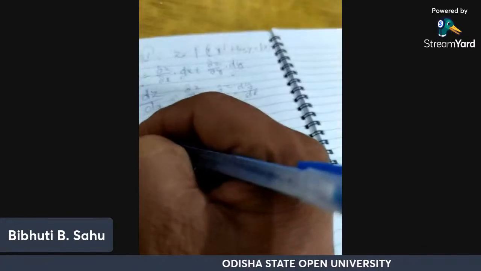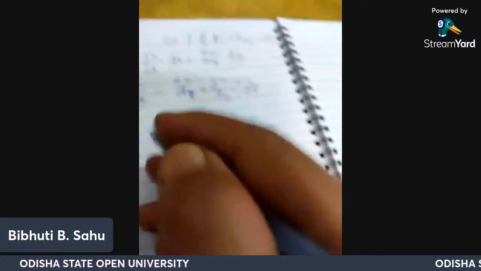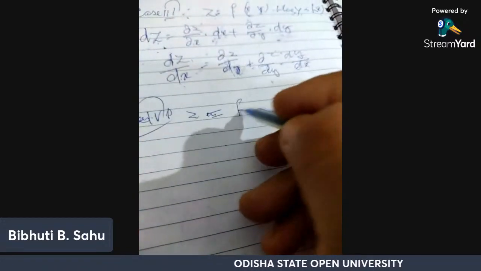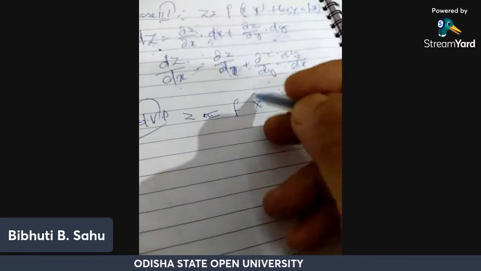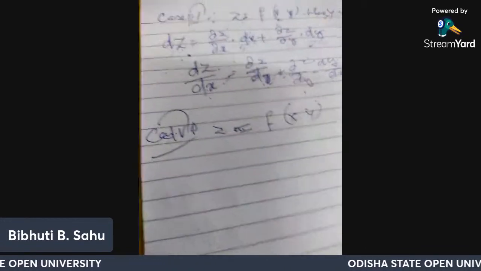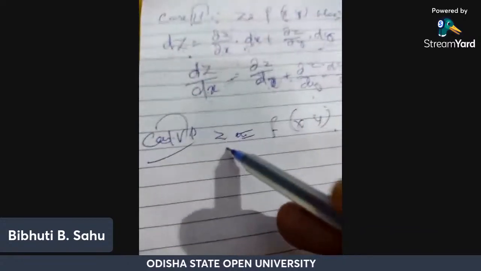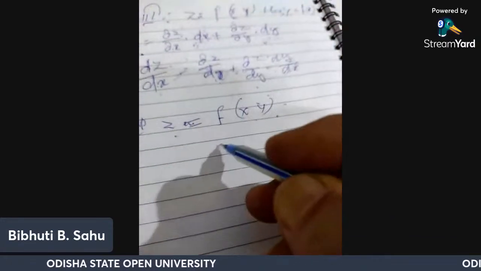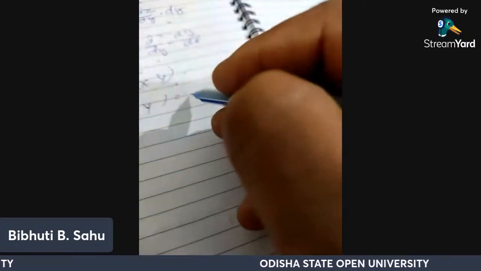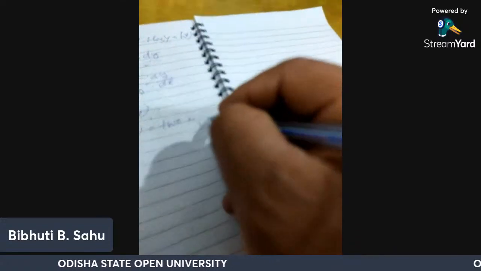So in the case of 4 IV, how can we find out? Suppose z is a function of x and y, where x and y are themselves functions of two independent variables, that is u and v.